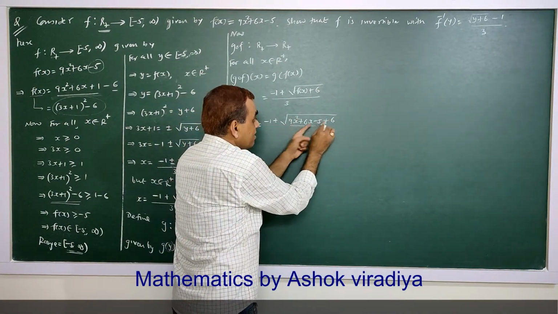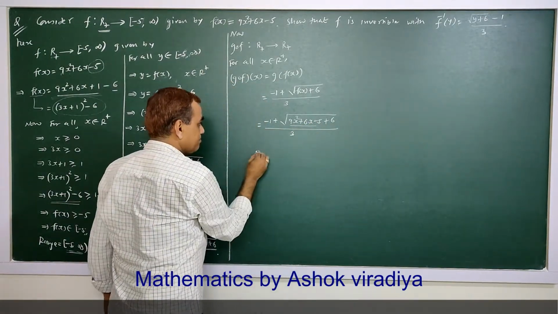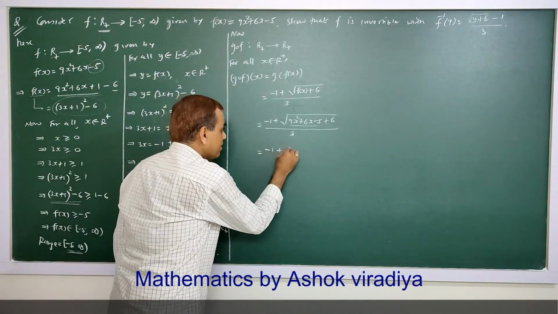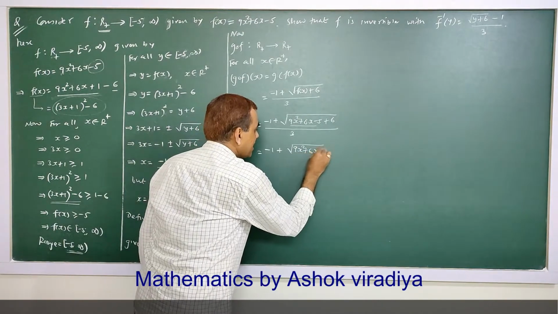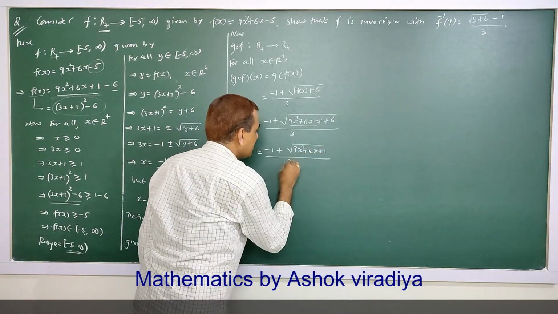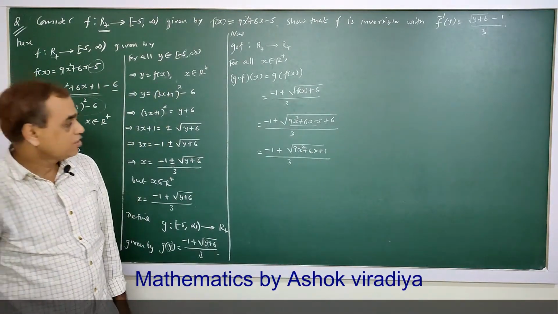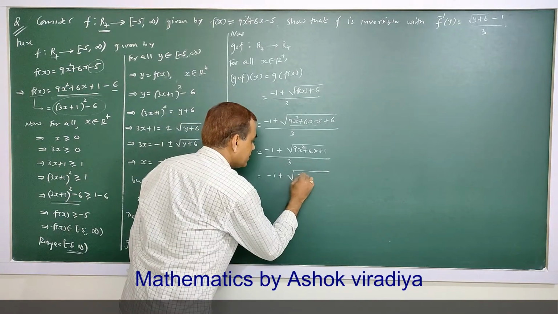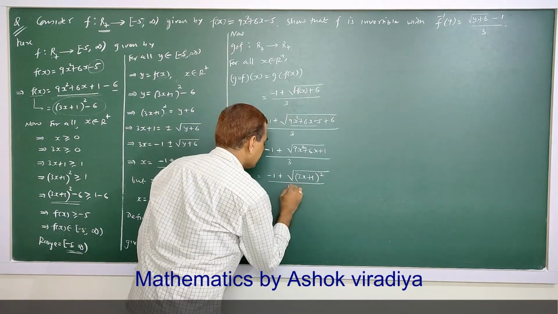So f(x) plus 6 upon 3. So it is -1 plus the square root of 9x square plus 6x plus 1, upon 3. So that is -1 plus the square root of (3x plus 1) whole square, upon 3.